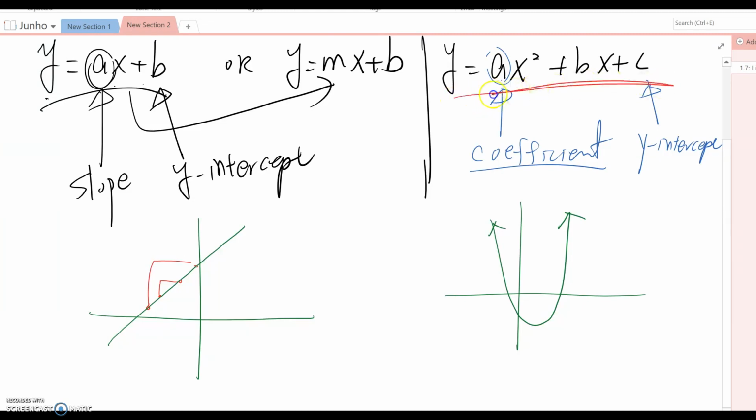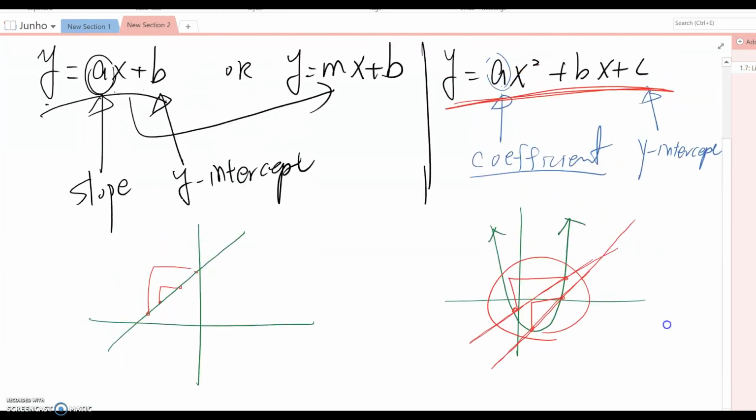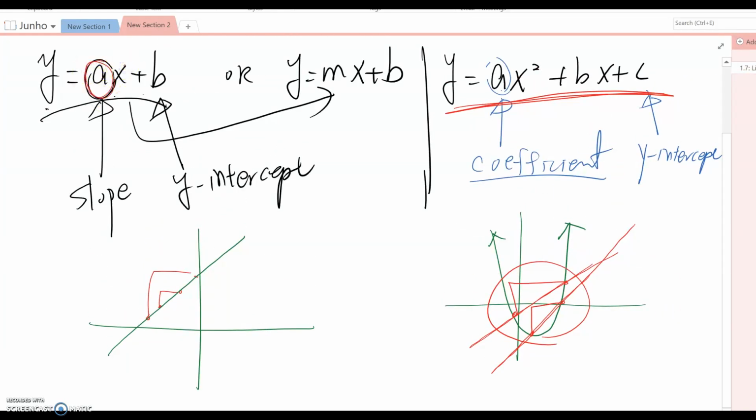But in the parabola quadratic function case, if you choose these 2 points, then there will be their slope, but if you choose these other 2 points, then this is going to be their slope. As you see, this rate can vary. Therefore, we cannot say the rate is regular, so we just call a the coefficient. If we keep on using a as slope, it can be confused.